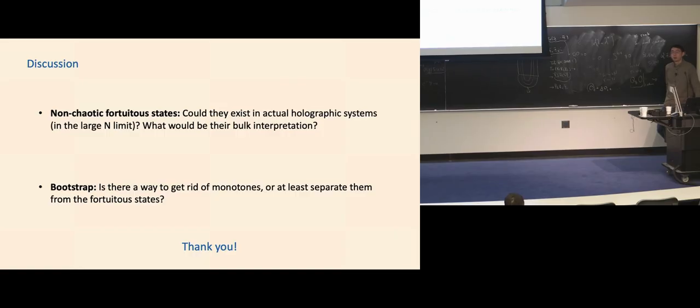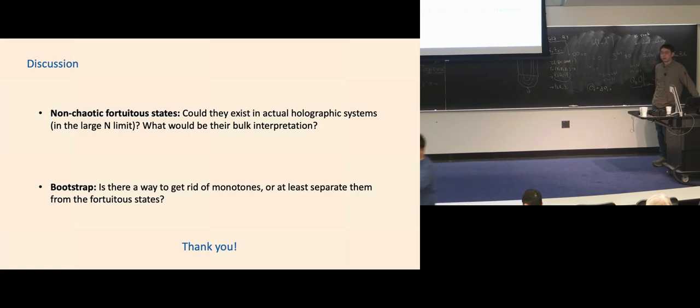That would sound like focusing on them instead of ruling them out. I don't know how you would. Okay. Yeah, how you get rid of them, in some sense. We can discuss later. Of course, one can try to do some finite n bootstrap. That's in principle one thing one can try to do. But here I only did large n.